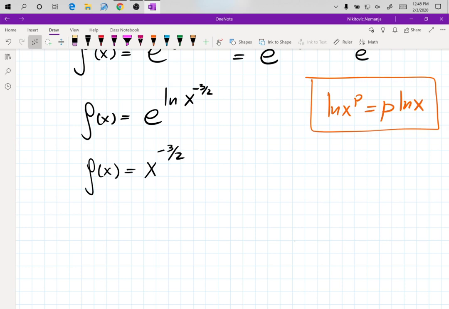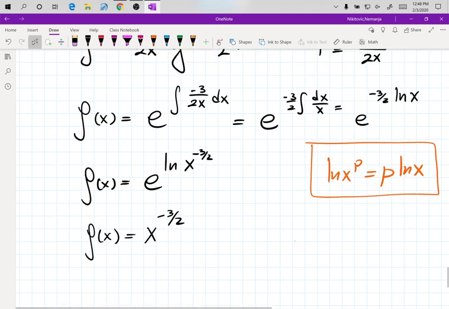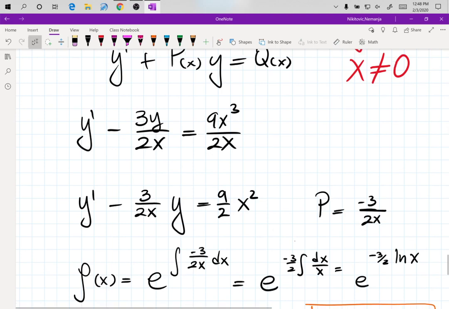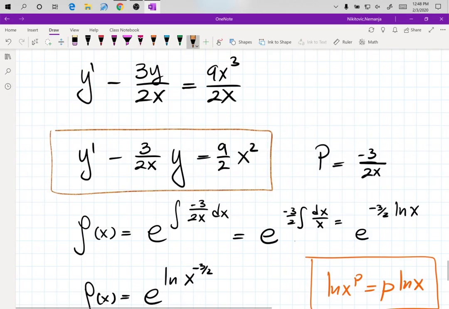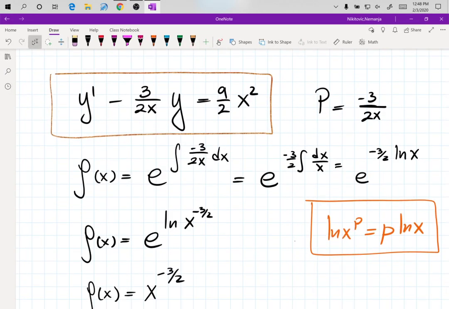So what is my problem? You go now to your simplified version of the differential equation. Let's use the wood paneling color. And this is where you multiply by your rho.